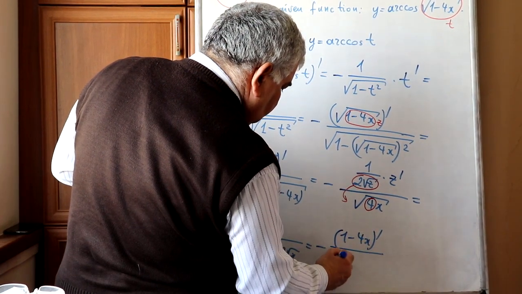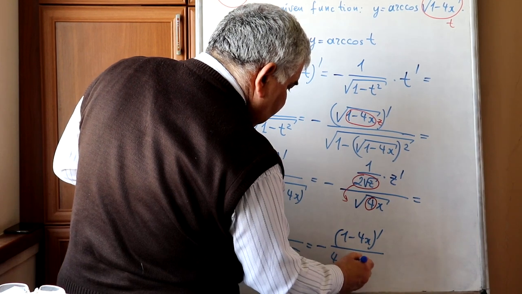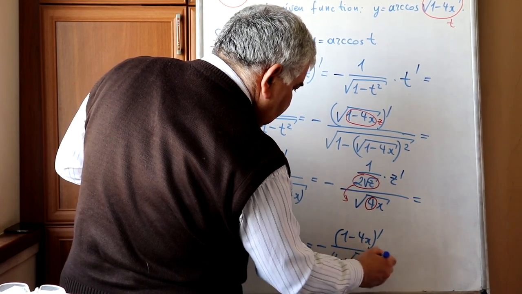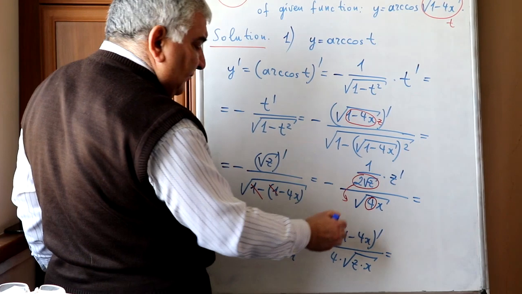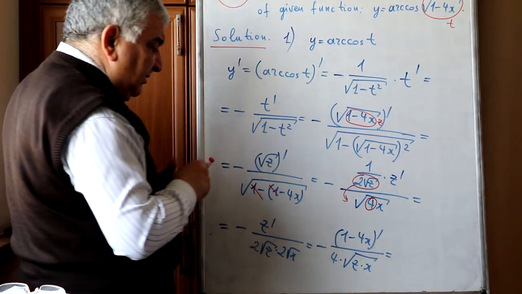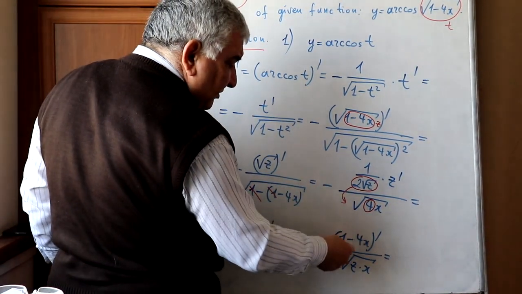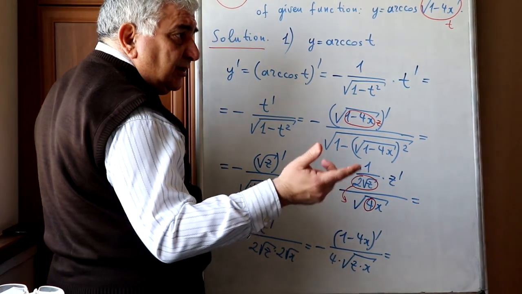over 4 multiplied by square root of z multiplied by x equals. You know that the derivative of a linear expression is equal to the slope.